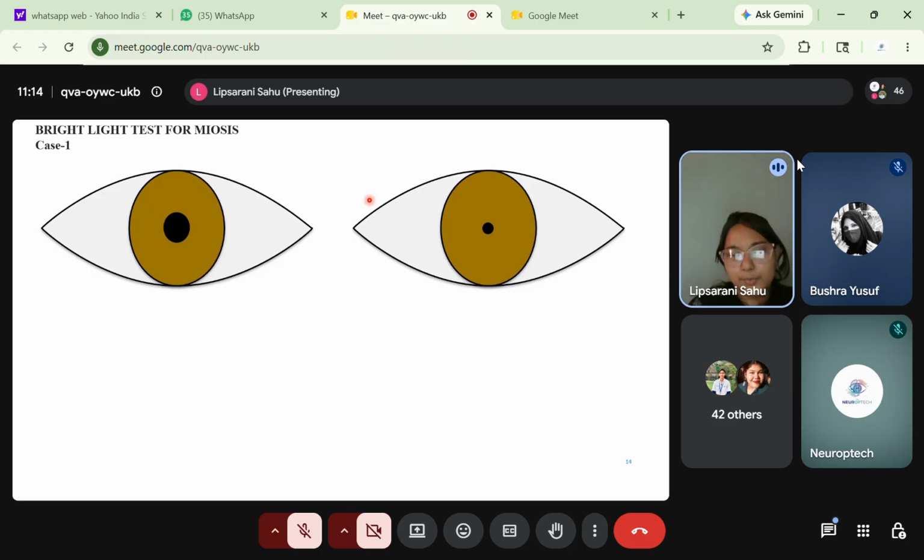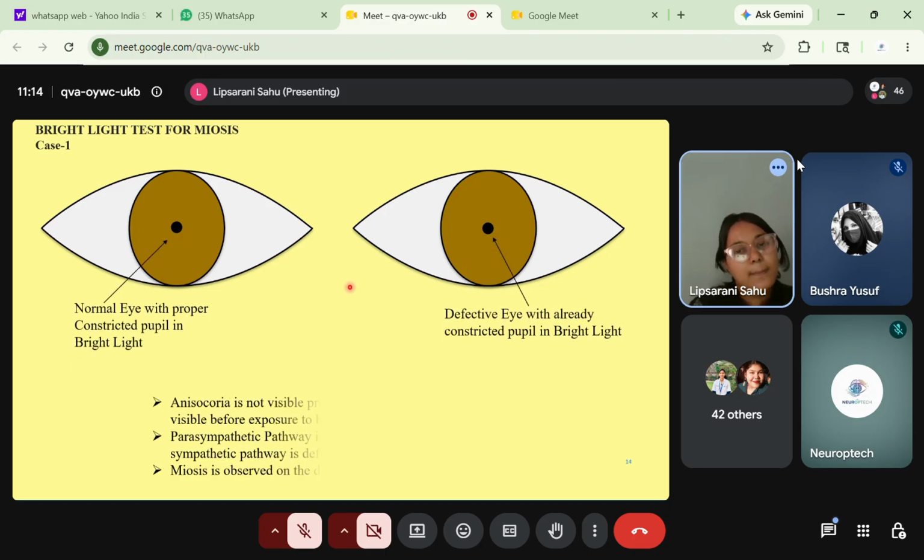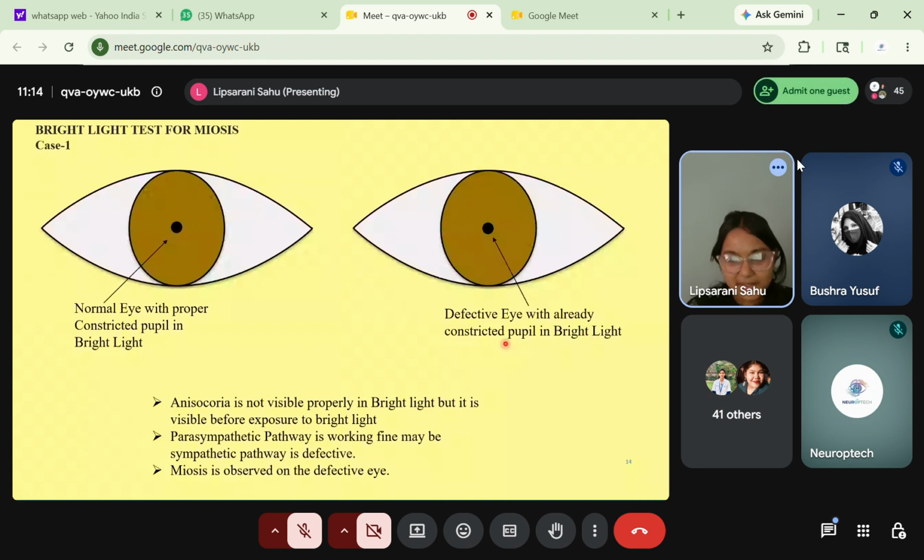In bright light, here you all can see this is the larger and this is the smaller pupil. So what we are observing here is the normal eye with a properly constricted pupil in bright light. In these cases, we can observe the defective eye with an already constricted pupil in bright light.